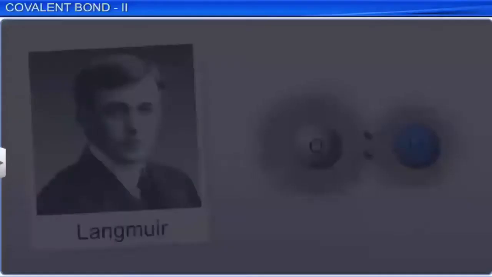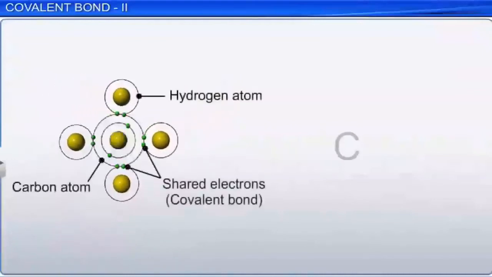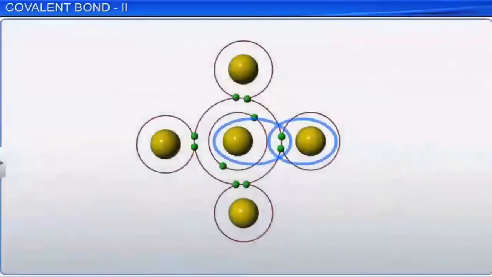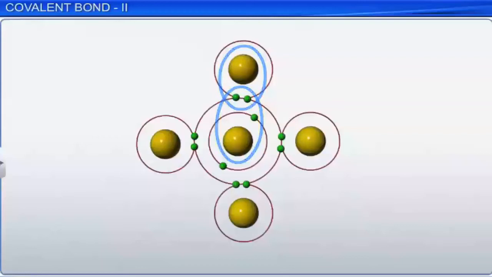In covalent bonding, atoms share electrons so that the number of valence electrons in each atom becomes 8. For hydrogen, it is 2. Here, the nuclei of both the atoms keep attracting the shared electrons and do not give away any electron completely, unlike ionic bonding.